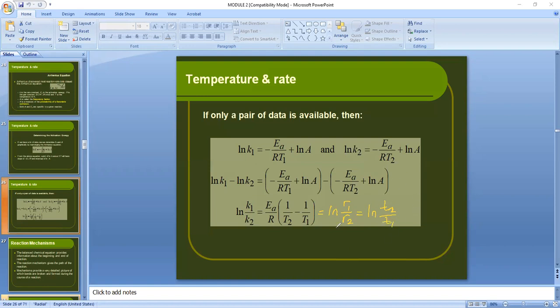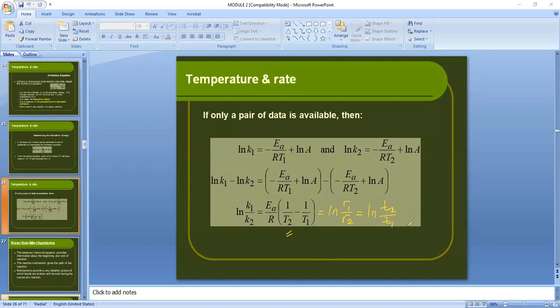These r's refer, of course, to the rate of reaction. Now, in the case of time, if it's t sub 2 here, it's also t sub 2 in here. It's the only ratio here that is different from the first two, the K1 and the rate. So if it's temperature 2 in here, it should also be T sub 2 in here. And you should have T sub 1 here.